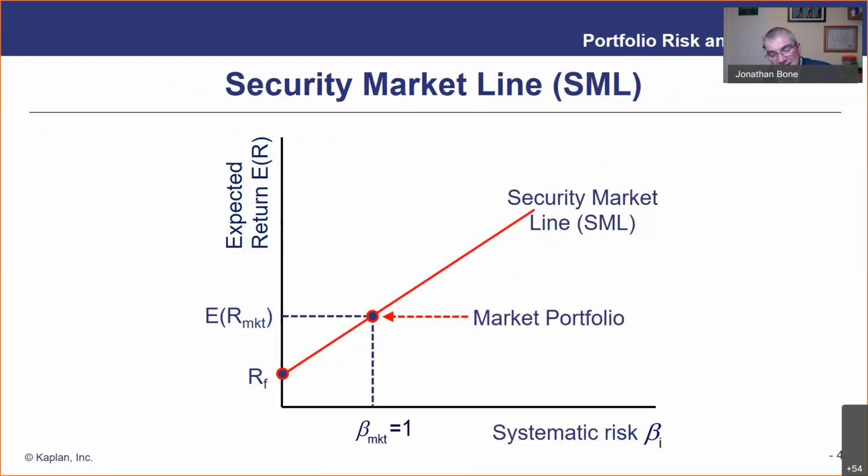But the idea is now, given a stock's beta, if our stock has a beta, let's say up here, higher beta than the marketplace, I can now plot up to my securities market line and work out my expected return on a particular security.